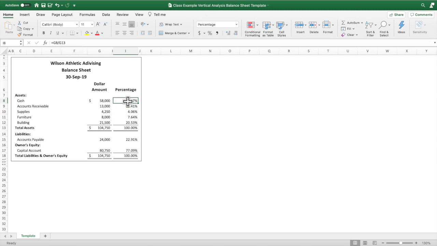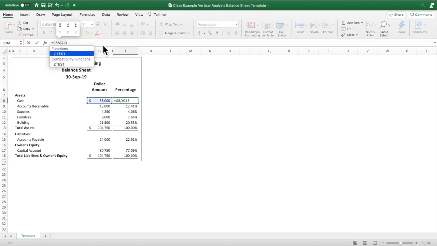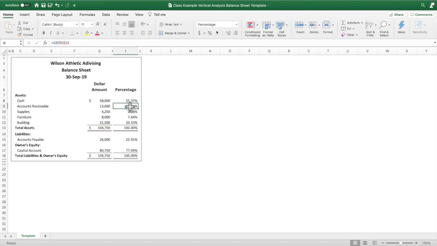So what we're going to do here is put the dollar sign before, dollar sign before, and before this number here, and we're going to calculate it, and it's going to be 55.37%.